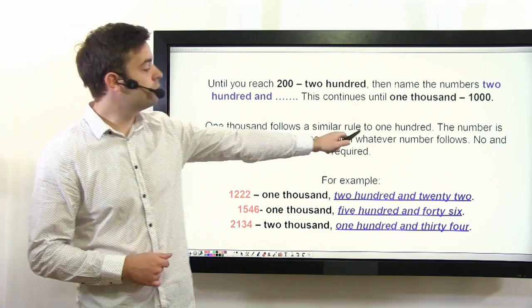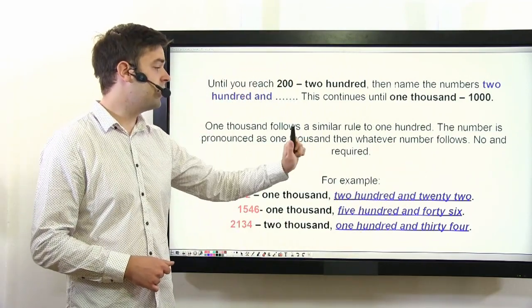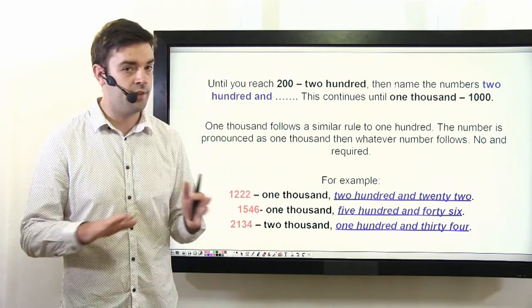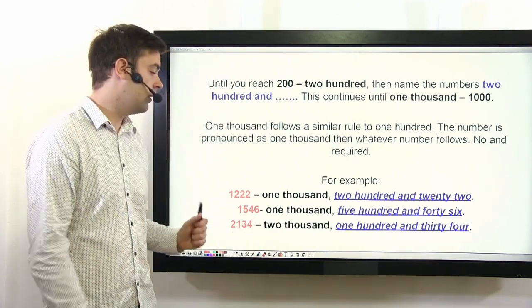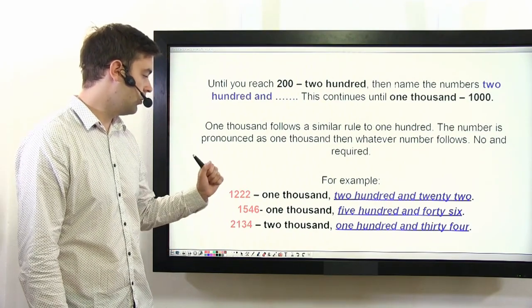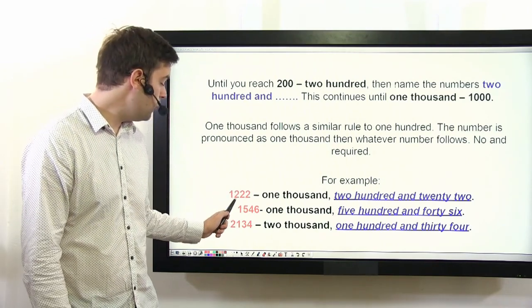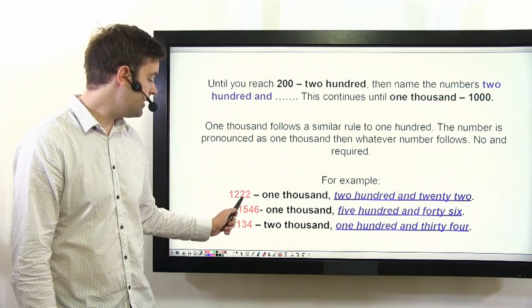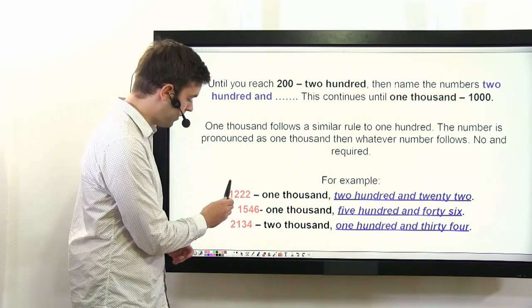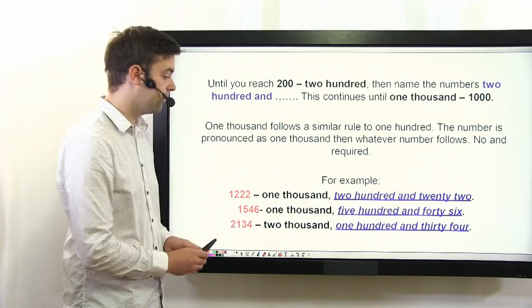1000 follows a similar rule to 100. The number is pronounced as 1000, then whatever number follows. No and is required here. So let's have a look. We have 1,222. So let's split it up. 1,222.